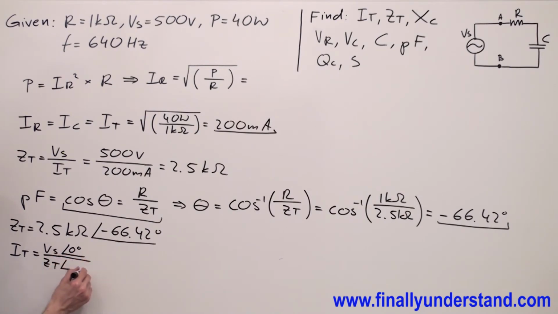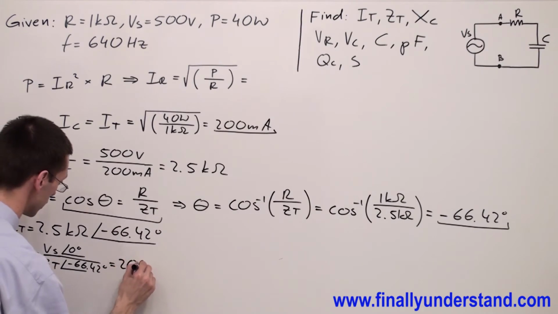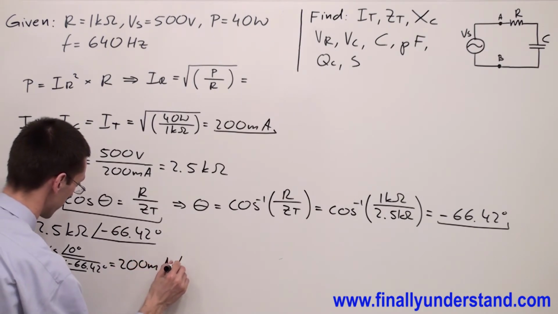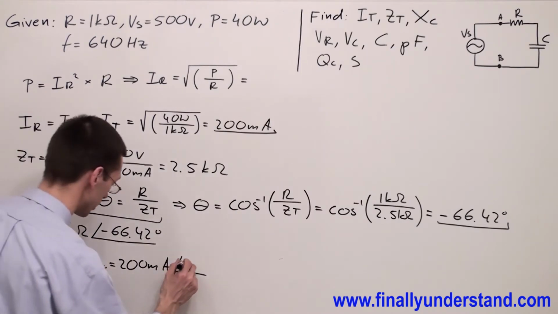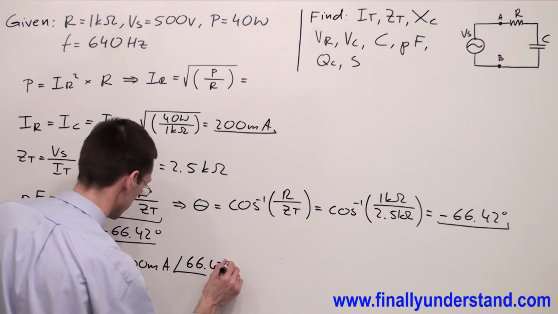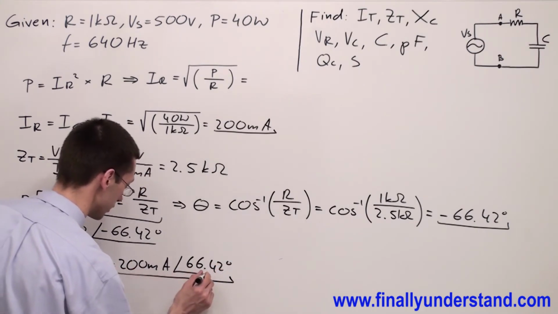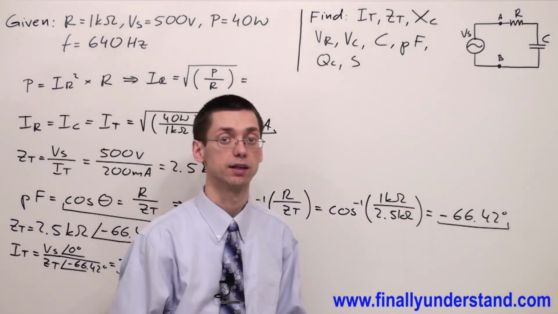And Z total has an angle of negative 66.42 degrees. So my I total is equal to 200 milliamps. And if you subtract these two angles, you are going to obtain 66.42 degrees. And this is my current, which will go through the resistor and capacitor.